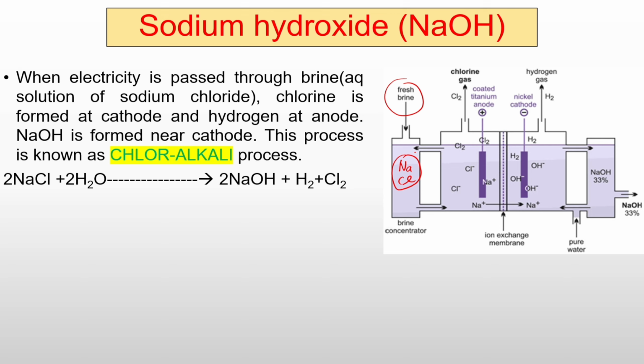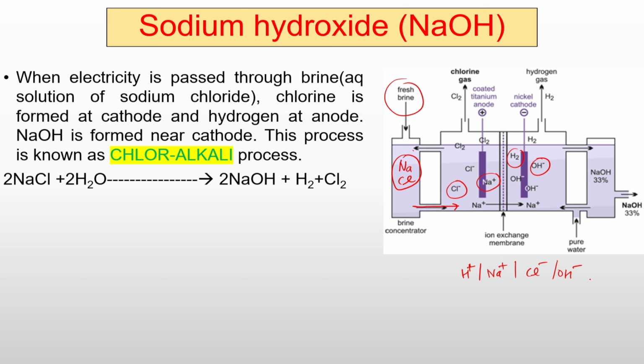When NaCl goes inside this chamber and we pass electricity, this NaCl decomposes into its components Na plus and Cl minus, and since this has water, the water also splits into H plus and OH minus. So how many ions are there? We have H plus, Na plus, Cl minus, and OH minus.